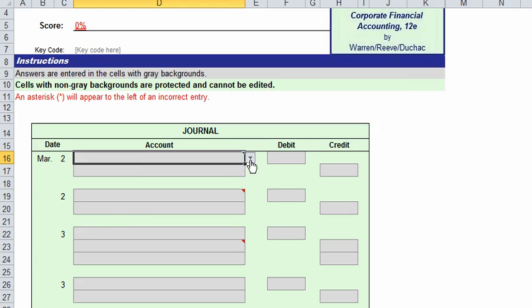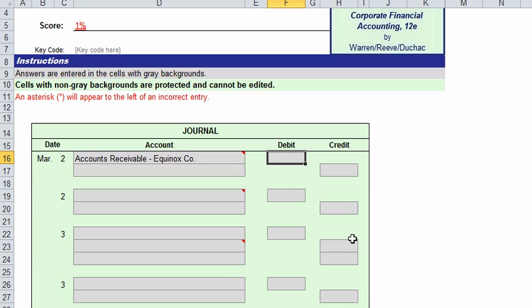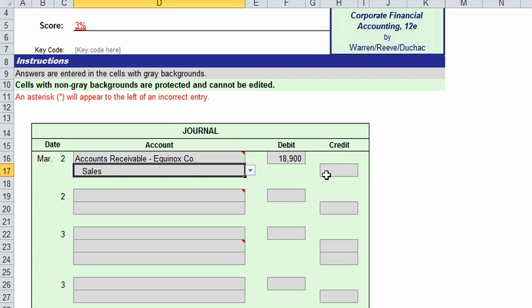So we're going to debit accounts receivable Equinox Company for $18,900. And we also want to record the revenue. Remember, our new revenue account is called sales. Revenues increase on the credit side. So we're going to credit sales to increase its balance, $18,900.